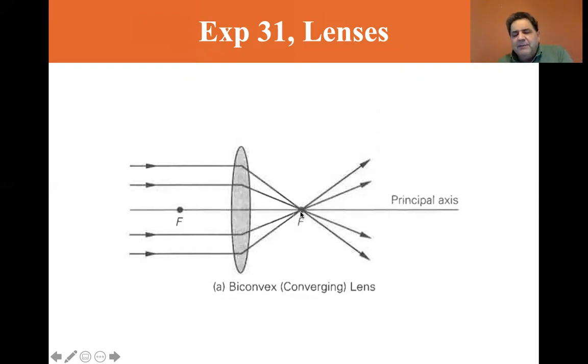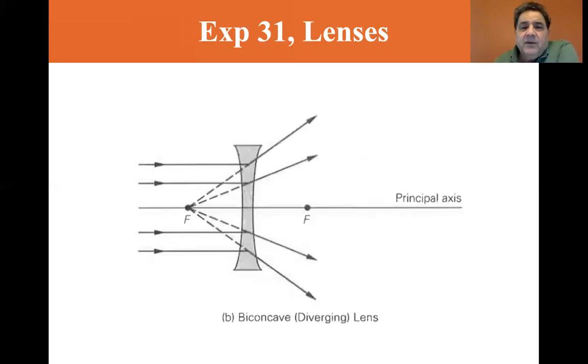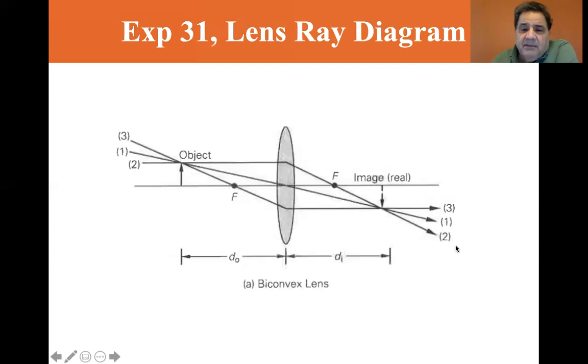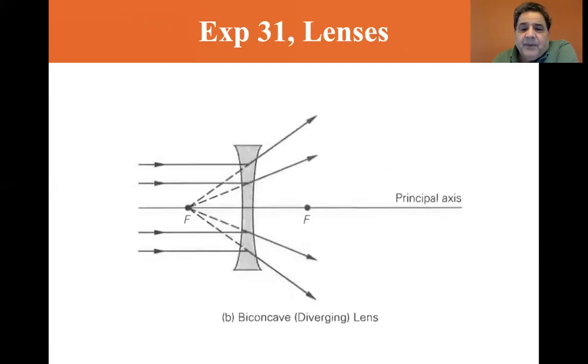Now, they don't have to be the same. I think for our experiment, they are the same. And this is it for a divergent lens, a biconcave lens. I don't have one of those, so when it comes to using a biconcave lens, we'll skip that part of the experiment.